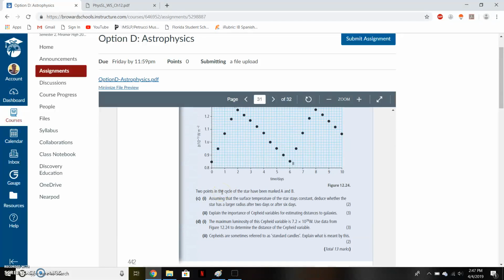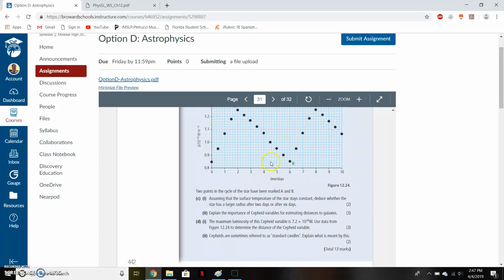And then C, part 2: explain the importance of Cepheid variables for estimating distances to galaxies. So the period of a Cepheid is related to its luminosity, so the period gives us the luminosity.